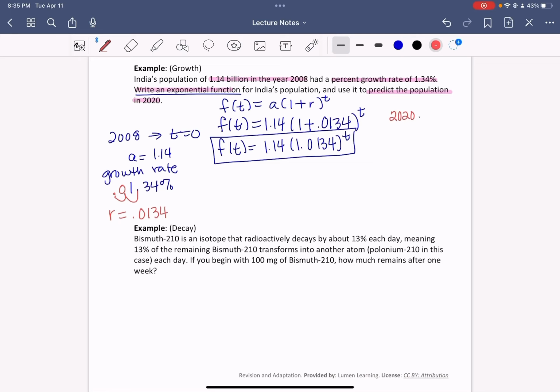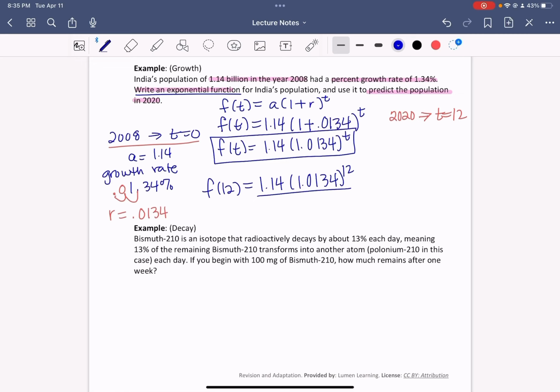Since 2020 is 12 years away from our starting year of 2008, we're going to use a t value of 12. So for that next part, what is f of 12? Well, that's 1.14 times 1.0134 raised to the 12th power.